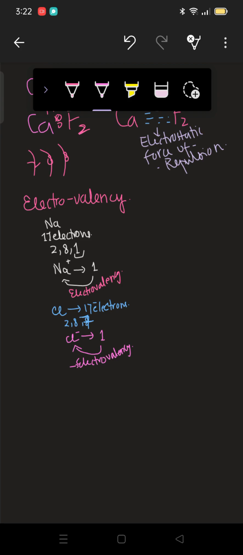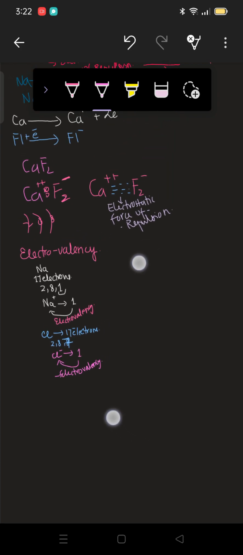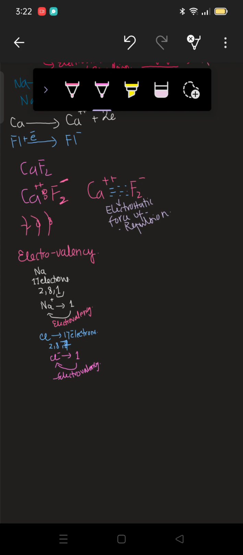The electrovalency of sodium and chlorine are both the same, 1 and 1. You can also take magnesium, which will have an electrovalency of 2. Then you can take any other atom whose electrovalency resembles magnesium. So electrovalency can be the same.